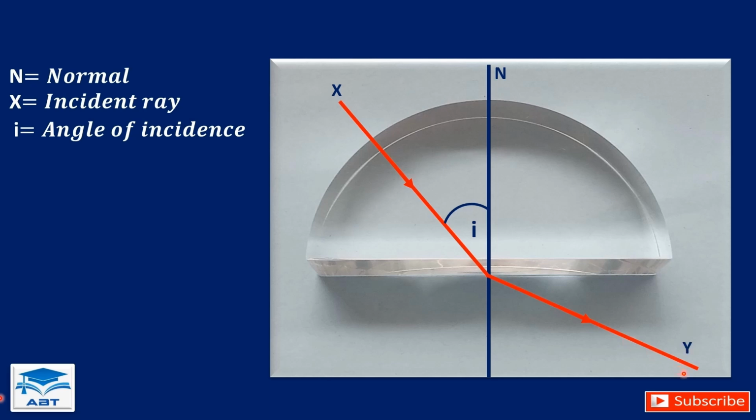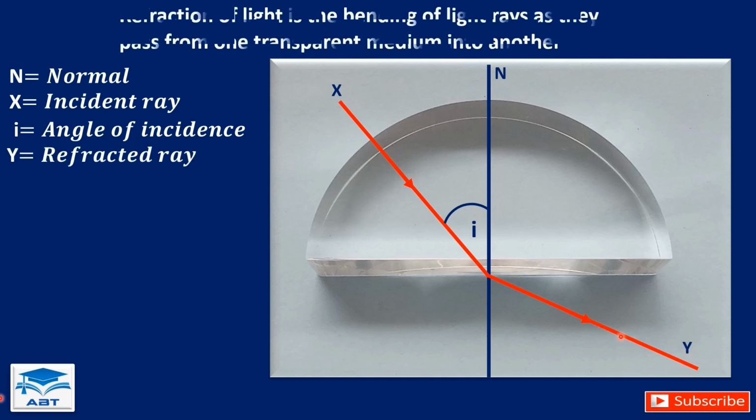Let's call this light ray the refracted ray, and the phenomenon is known as refraction of light. Refraction of light is the bending of light rays as they pass from one transparent medium into another.